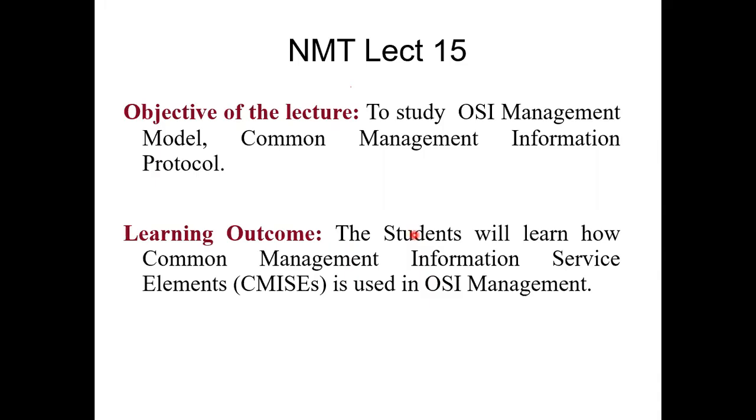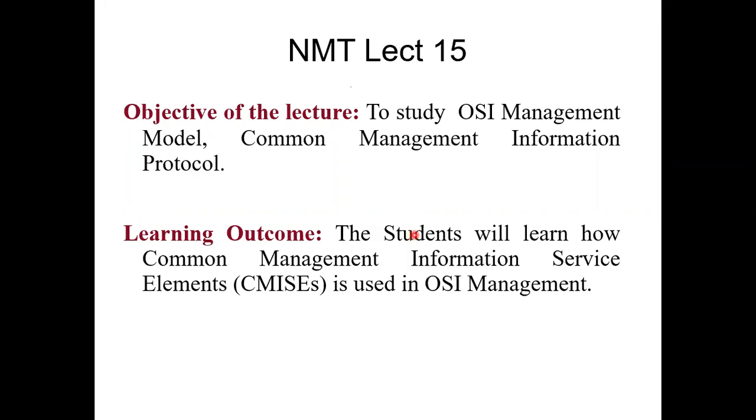Now what are those management related data? To send that data we have learned the coding, ASN1 syntax, and the encoding, TLV. But what are those actual commands or messages that are communicated between the agent and the manager? That we are going to cover in this particular chapter.